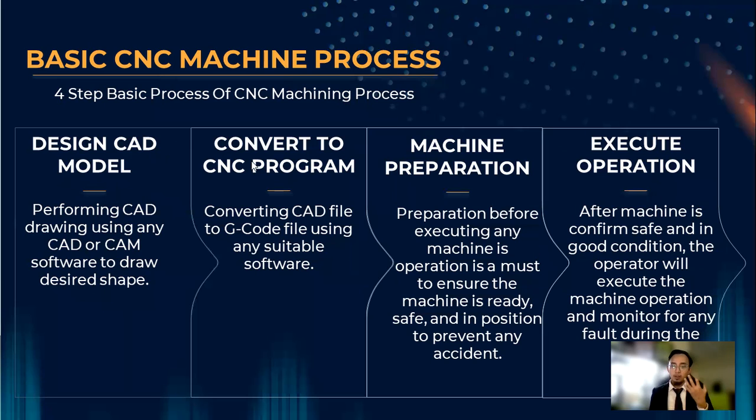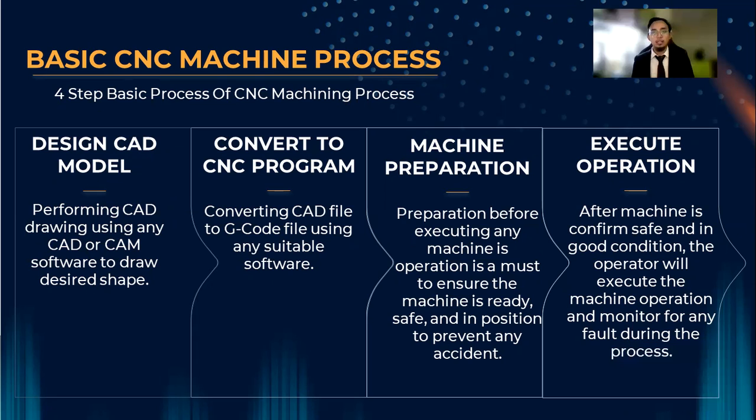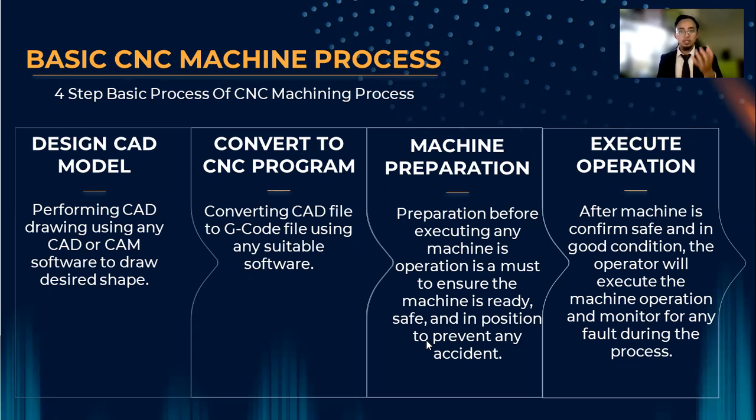What is the meaning of CNC program? From the CAD design, we need to convert the design to a G code, which is the code or language that a machine can read, and it will move according to the G code programming. That's why we call it CNC, not NC.